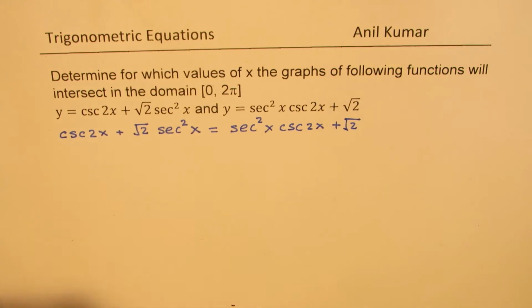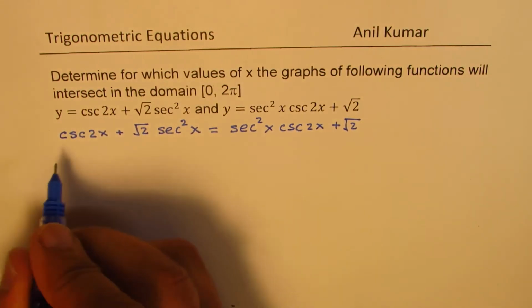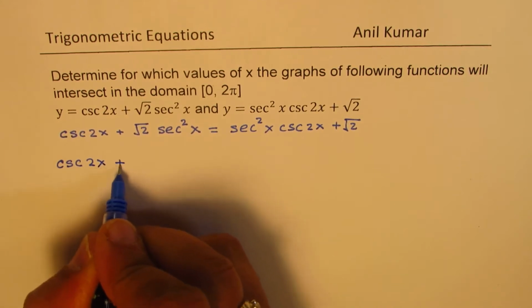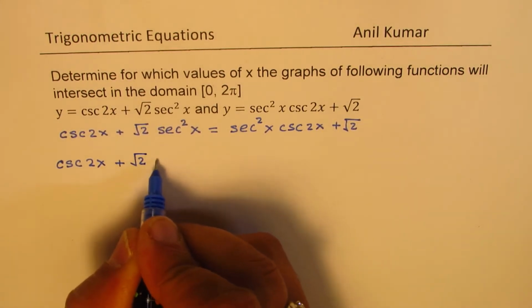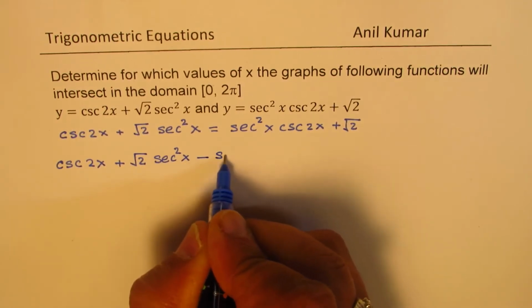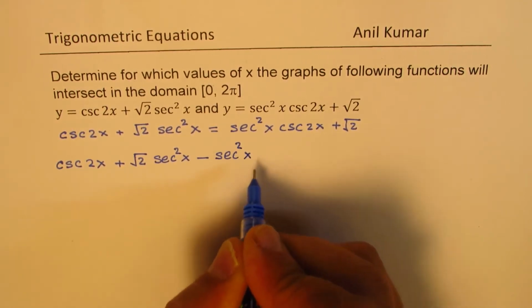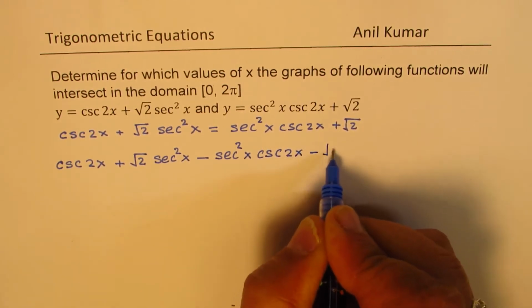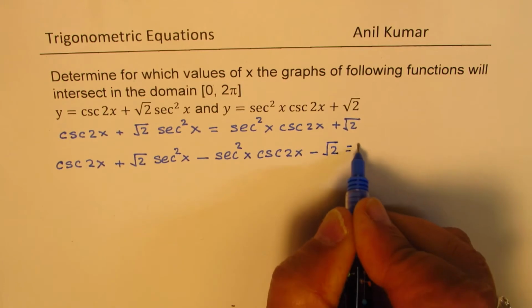We can take all the terms on one side and then solve. So we have cosecant 2x plus square root 2 secant square x minus secant square x cosecant 2x minus square root 2 equals 0.